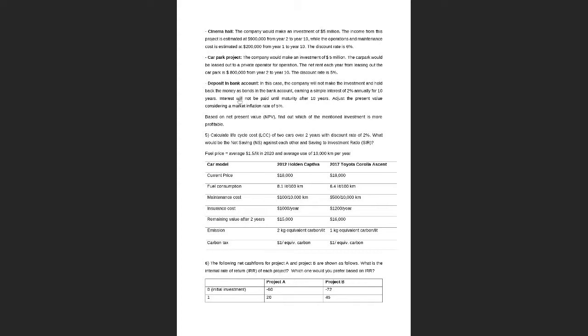So even though the simple interest rate that we are getting is 2% annually, the total interest that we are getting will be paid to us at the end of 10 years. Therefore, this $1 million that you are receiving as profit from this investment, you will be getting at the end of 10 years.